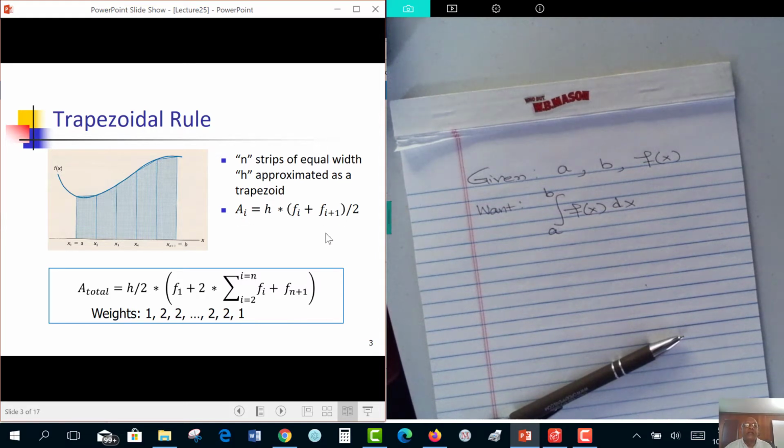When we add all the strips up, you can see h by 2 is a common factor. And last week we found that basically we have a weighted sum of function values where we give one unit of weight to the first and the last function value and 2 units of weight to all the interior values.